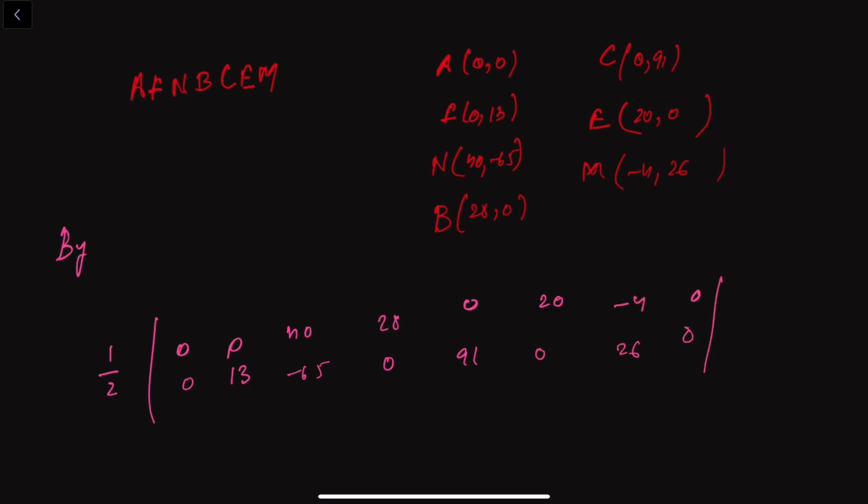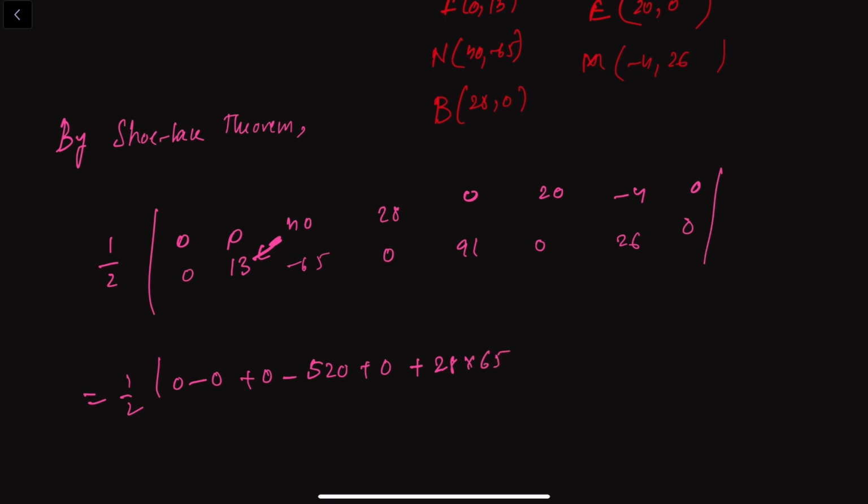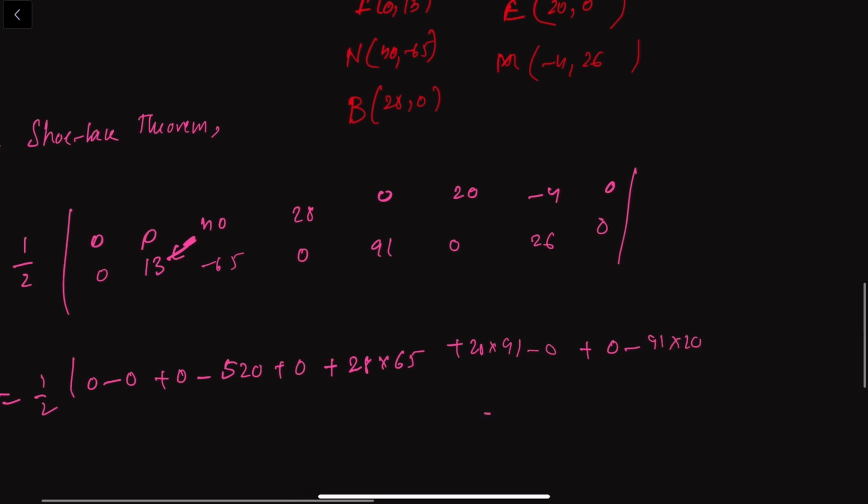This is half into 0 minus 0, plus 0 minus 13 into 40, which is minus 520, plus 0, plus 28 into 65, plus 28 into 91, minus 0, plus 0 minus 91 into 20, plus 26 into 20, minus 0, plus 0 minus 0.